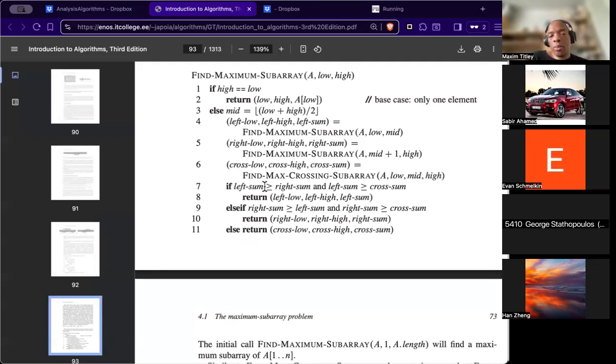So now if the left sum is greater than or equal to the right sum, and the left sum is greater than or equal to the cross sum, the left sum clearly seems to be the highest of them all. Even if they're all equal, there's nothing wrong with saying that the left sum was correct. However, if the right sum is greater than or equal to the left sum, and the right sum is greater than or equal to the cross sum, then we can also say that the right sum would be the correct answer, and so we can return that.